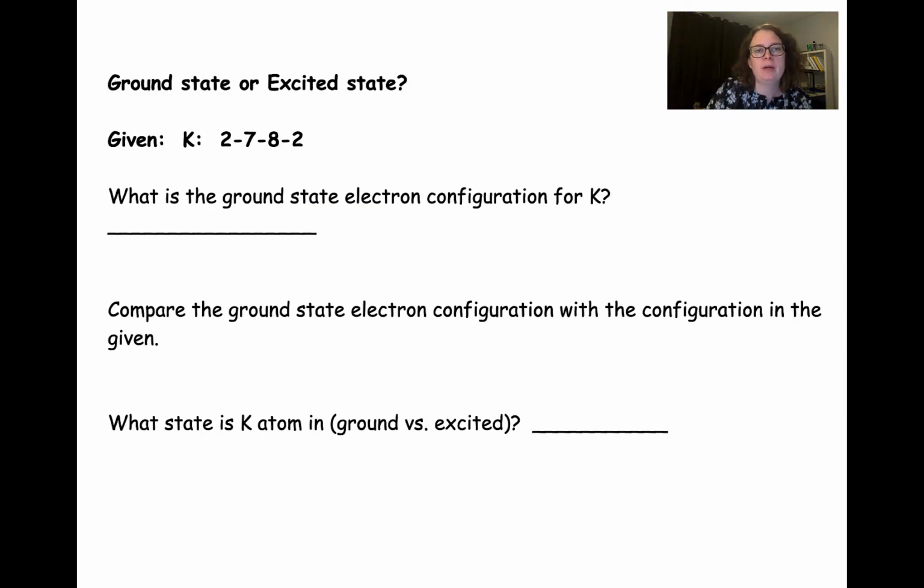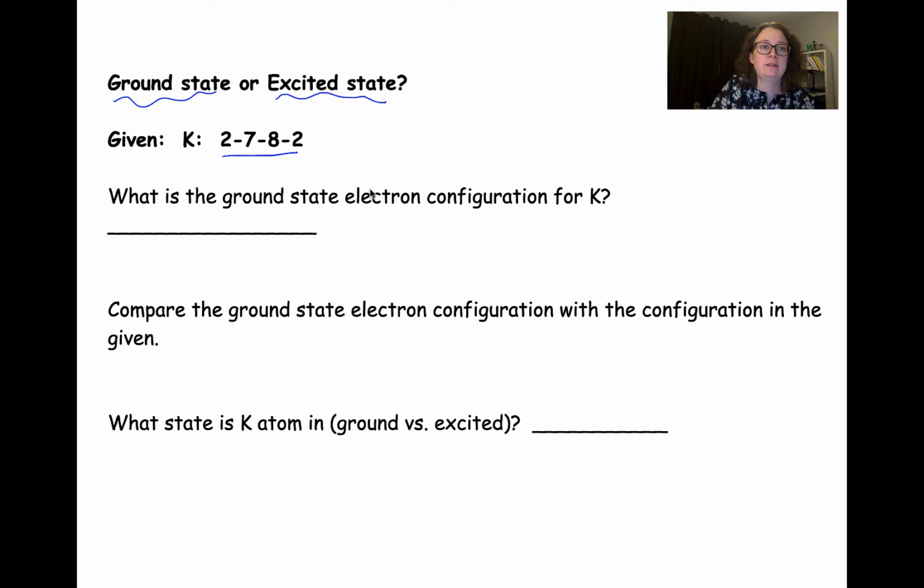So using our periodic table, we can determine if a given electron configuration is of an atom in its ground state or its excited state. So if we're given this electron configuration for potassium, 2-7-8-2, we want to know, is that in the ground state or the excited state?